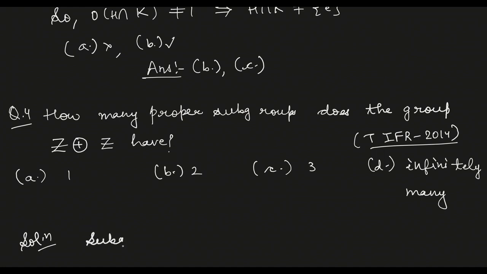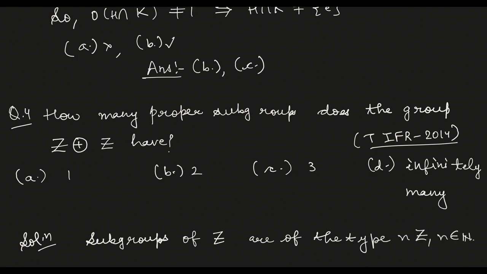Subgroups of Z are of the type nZ where n belongs to natural numbers.